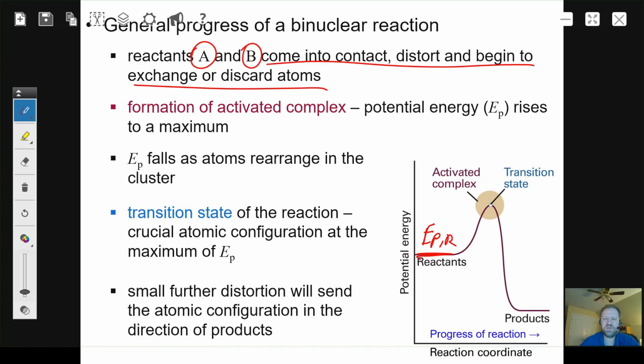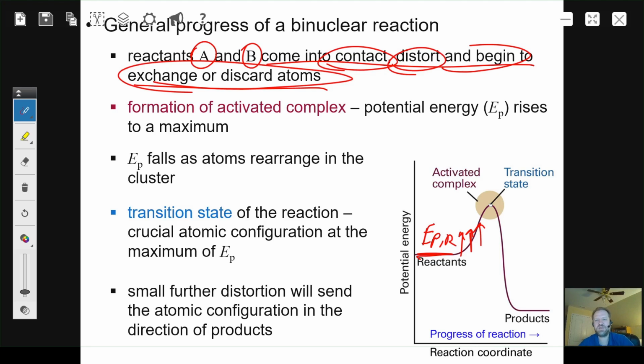As the reactant species get closer to each other, the potential energy increases, because they come in contact, distort, and begin to exchange or discard atoms.